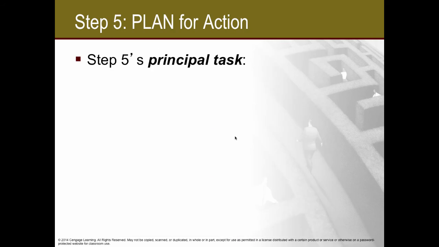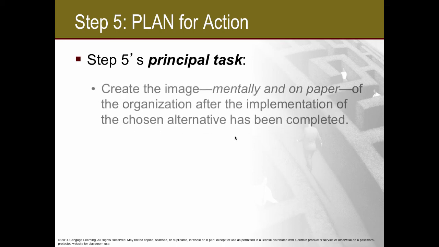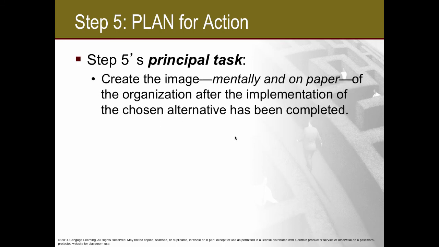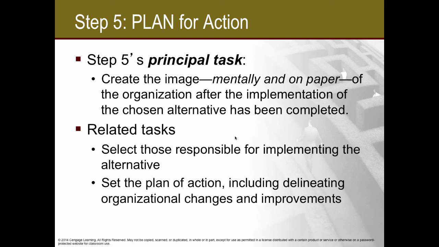Next, plan for actions. The task is to create the image mentally and on paper. So you have to provide an image of the organization after the implementation of the chosen alternative has been completed. So basically an image would be necessary over here.